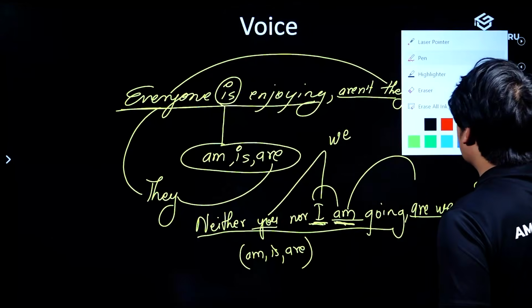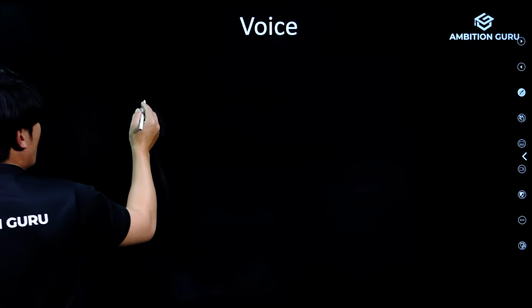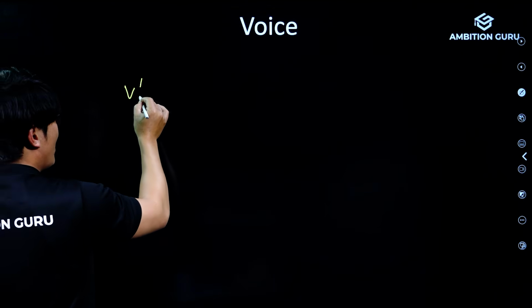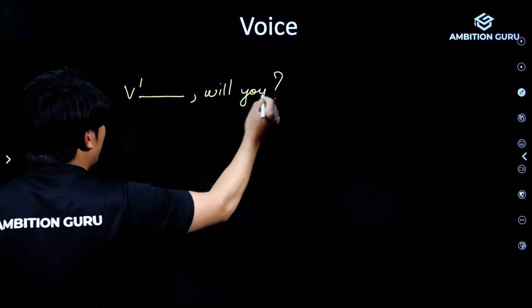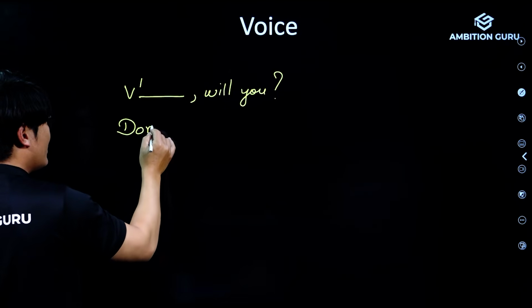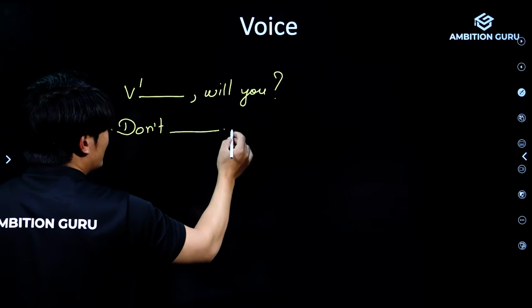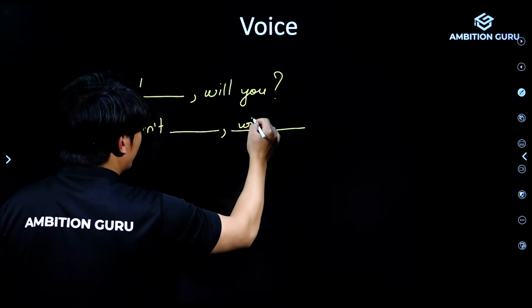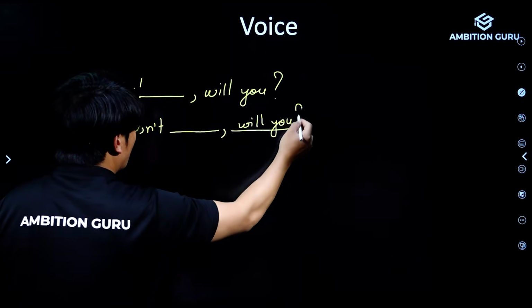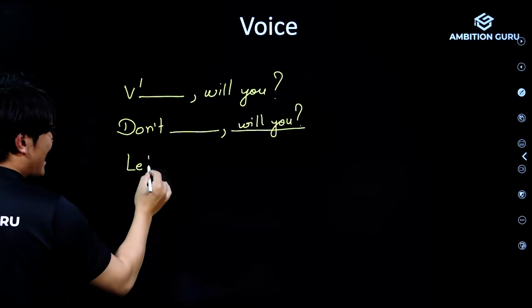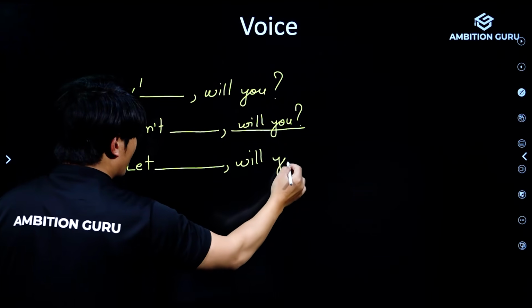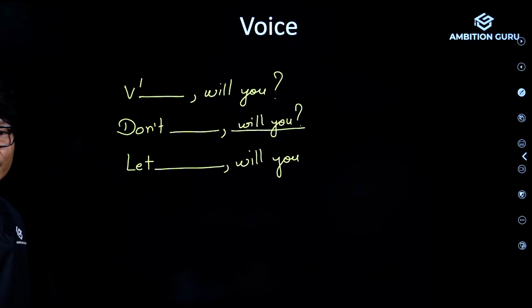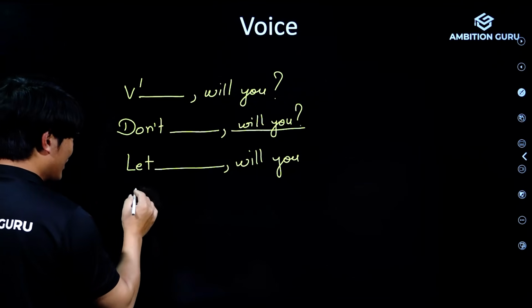Okay, others are asking me these questions, let me tell you. The sentence which starts with the verb one, obviously the tag question should be "will you". The sentence which starts with "don't", even its tag question is "will you". But if the sentence starts with "let", even its tag question is "will you". Clear? We have some more questions also, don't worry.